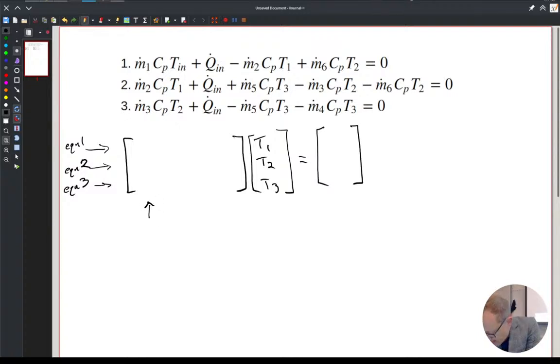Every column here is going to be something times T1, because that's my first vector that I'm solving for. This one's going to be times T2, and this is times T3. And then over here, this is my right hand side, equation 1.